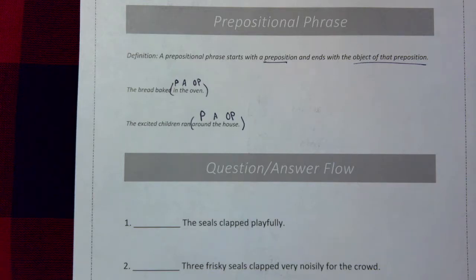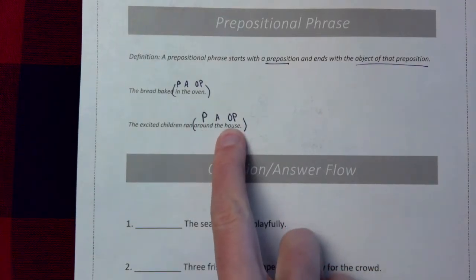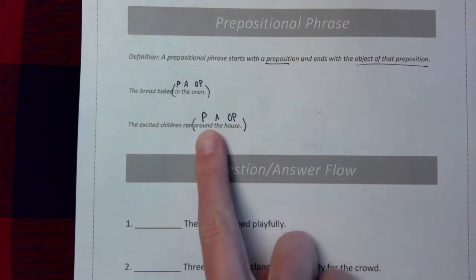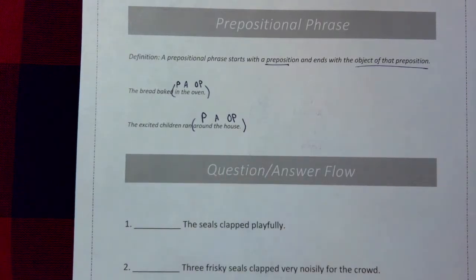After we get our preposition, we're going to ask what or whom to get our object of the preposition. Around what? Around house. Object of the preposition. Let's practice that with our 3 sentences right here.